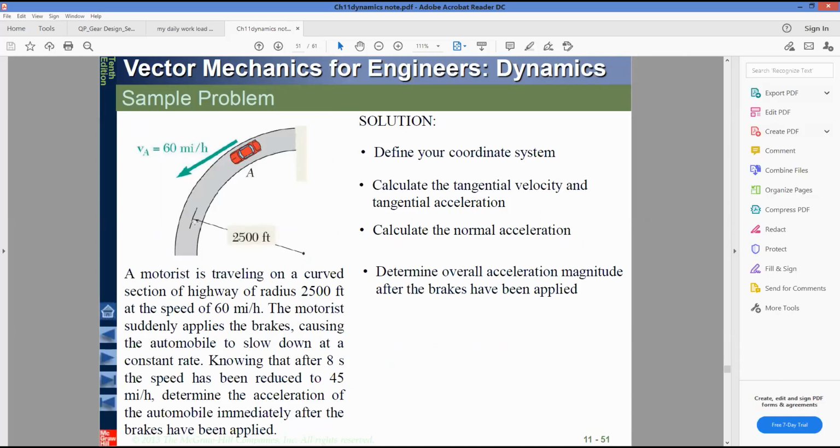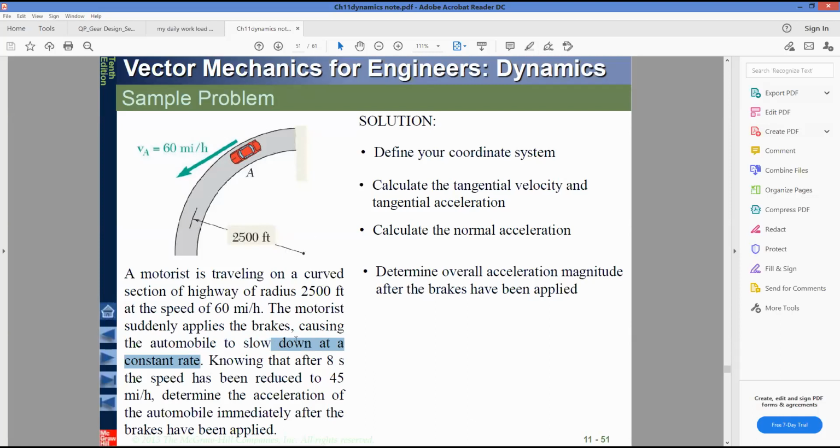The radius of this curve is 2500, and the motorist is traveling on a curved section at a speed of 60 mile per hour, and the motorist suddenly applies the brake, causing the automobile to slow down at a constant rate.